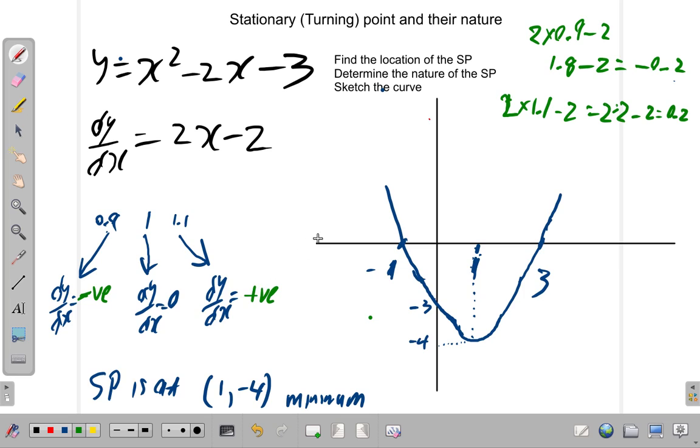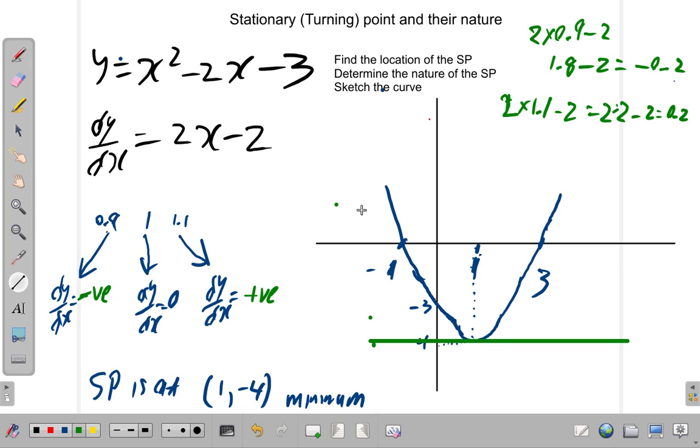Now what that means is that at the stationary point, dy by dx is 0, so you have a horizontal line, the tangent.